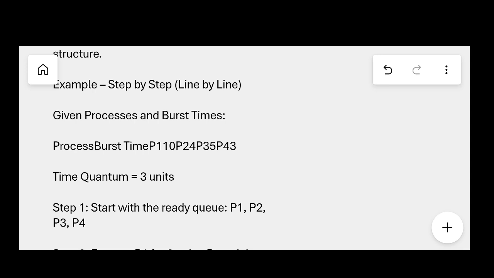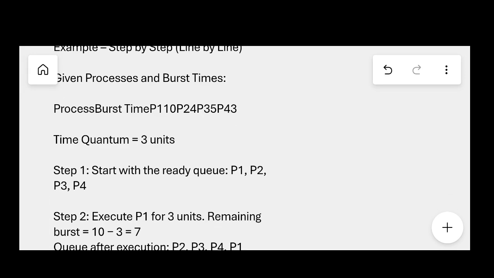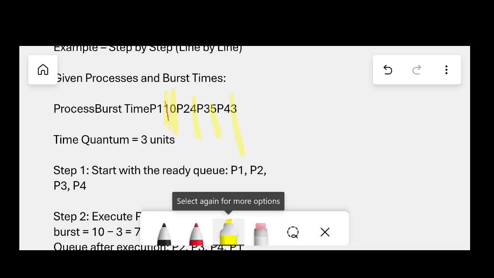Their burst times, or the time they need to finish, are: P1 is 10 units, P2 is 4 units, P3 is 5 units and P4 is 3 units. We choose a time quantum of 3 units.